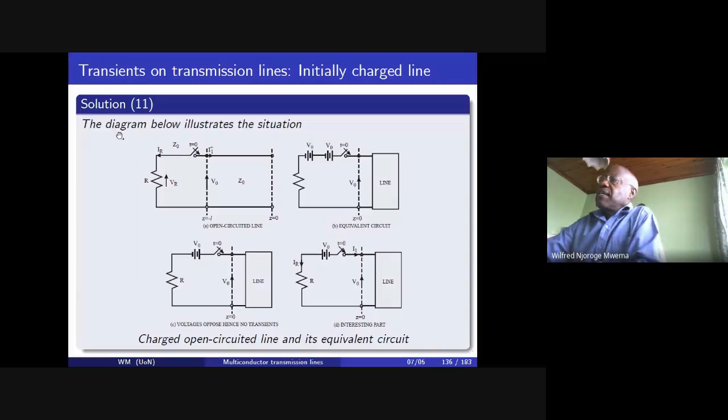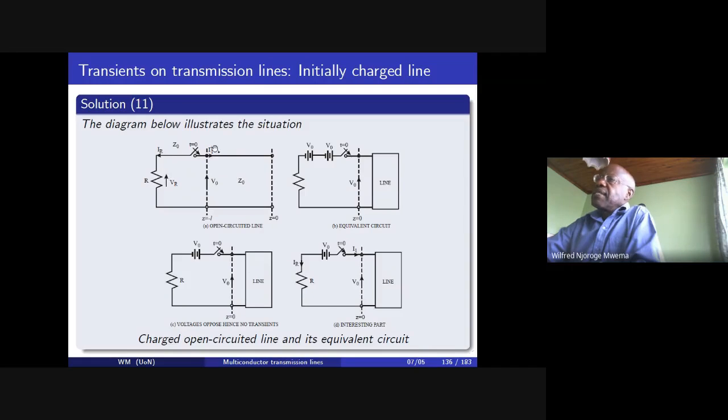What we can do is always use superposition to solve this problem. This is the actual problem statement. The line is charged to a voltage V0, and at time t equal to 0, it's connected to a resistor R. We want to see what happens.